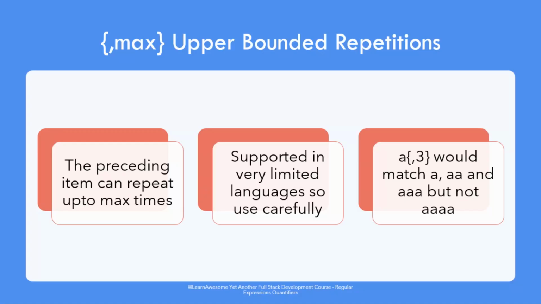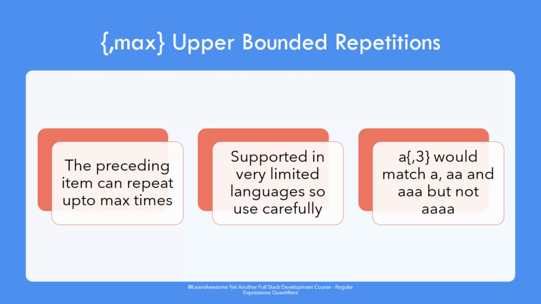Upper bounded repetition is the opposite of the previous one as it enforces a limit on the maximum number of repetitions only. So it can be read like 0 to max repetitions allowed. Note carefully, it is severely restricted in acceptance across languages and parsers, so it would work with some but not most of the parsing engines.